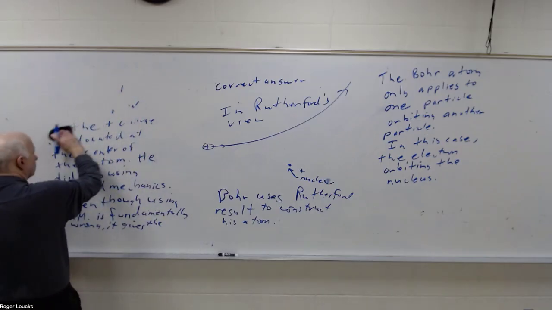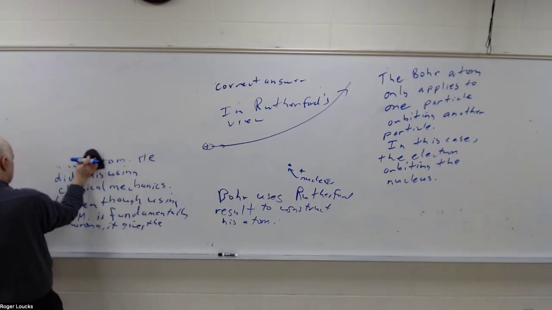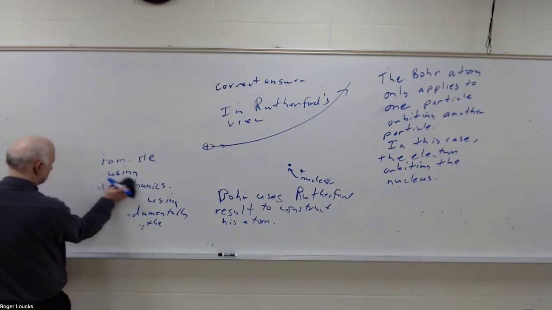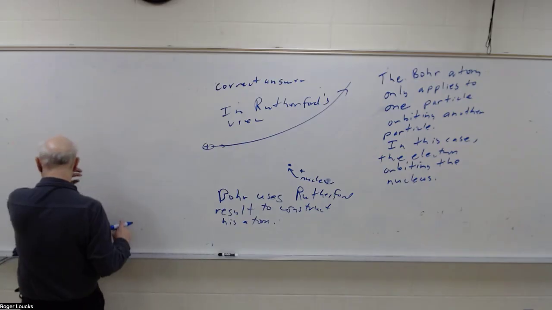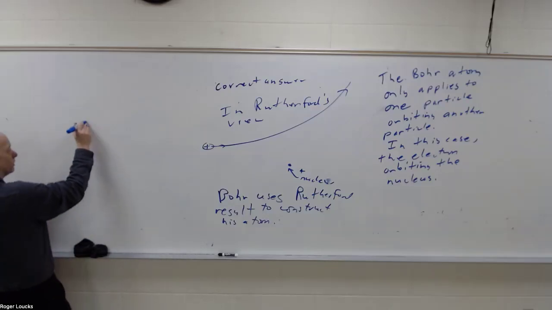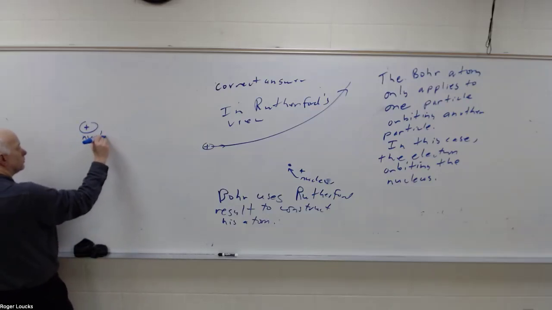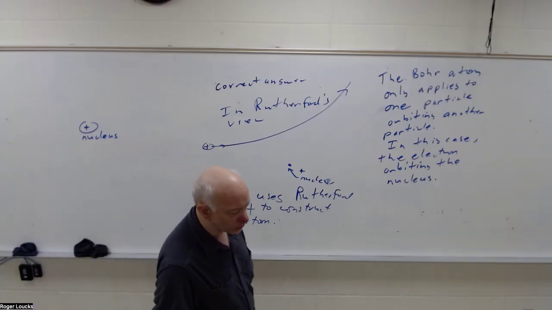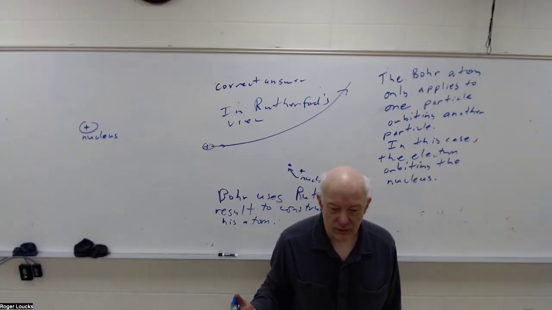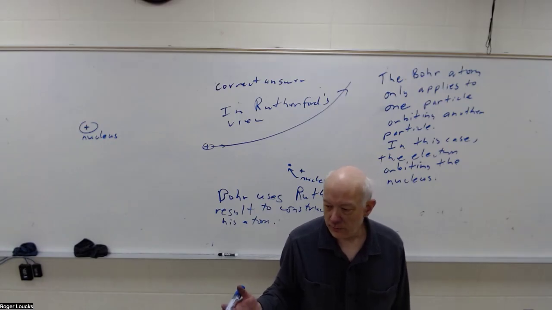So what we have here is this. Here's your nucleus. All the protons are in the nucleus. What do we use to designate the number of protons in the nucleus? What letter?